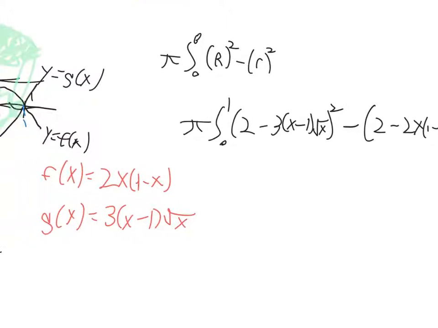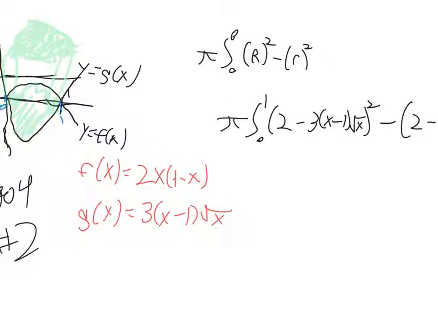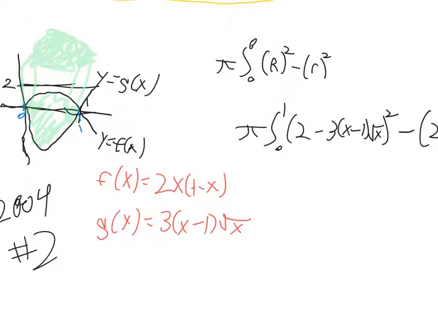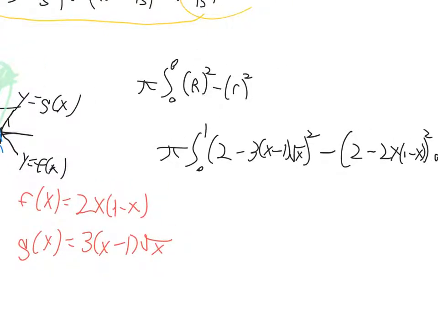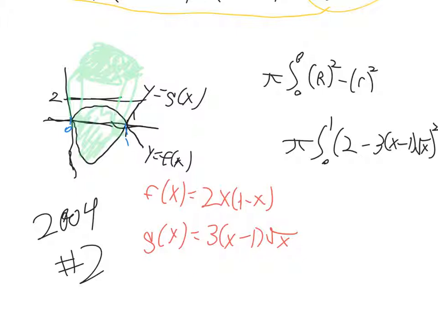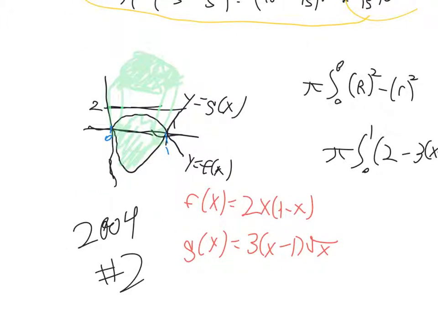Now, how did we know that it was 2 minus 3x minus 1 root x, right? How did we know to use g of x as the big R and this as the small r? Well, it's big radius minus little radius, right? The big radius would be the 2 to the bottom of the function, and then the small radius would just be this right here, right?